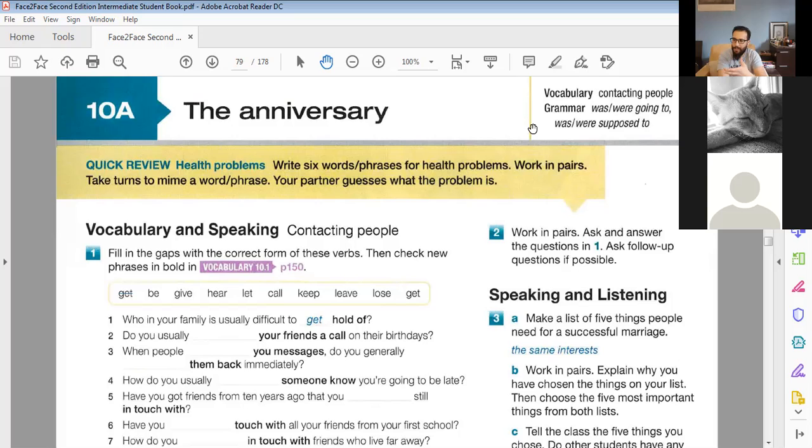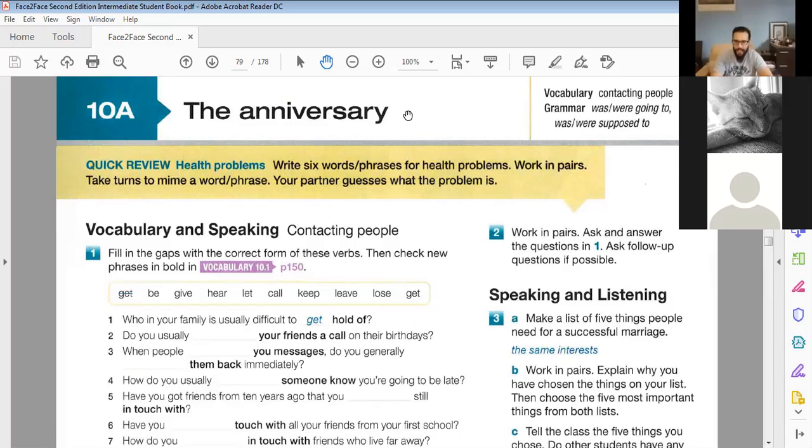Whenever you talk to someone who didn't do what he was supposed to do, that's the first thing they'll say: I was going to do it, but... And they give you the excuse. Making up excuses, yes, exactly. I was going to do it, but something happened. So it's not too difficult, but I think it's very useful.